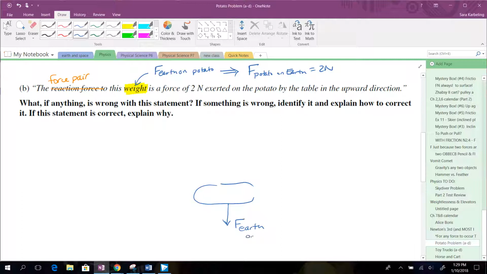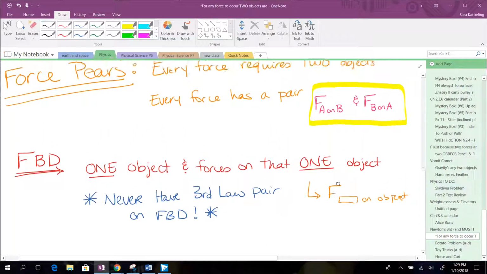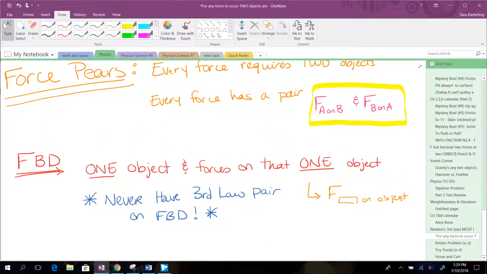Okay, Gerald, let me help you out. So the force of the earth on the potato. Part of this was the stuff that we talked about the last couple days. The earth on the potato has a Newton's third law pair. I'm going to go back up here to look at our picture. It's this box that we have to pay attention to. Force of A on B, force of B on A. That is a third law pair. You just switch them.